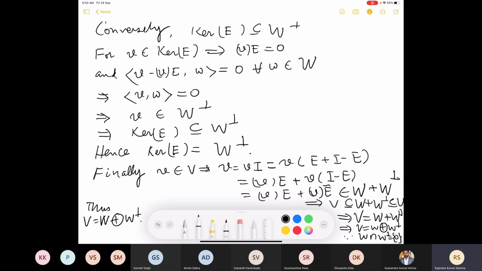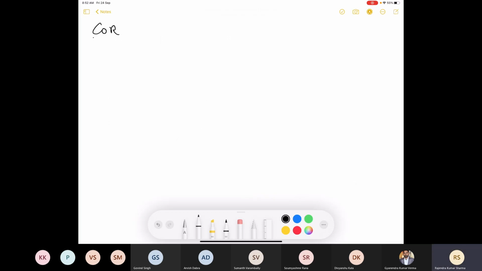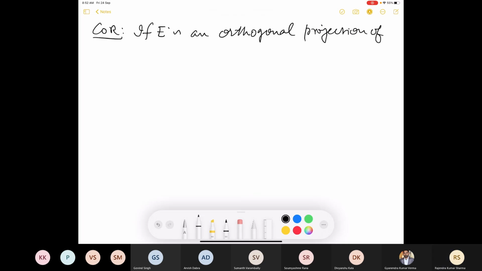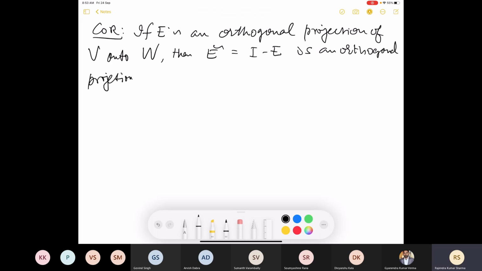As a corollary, you can prove here. So one corollary you can prove is that if E is an orthogonal projection of V onto this subspace W, then E tilde, which is I minus E, is an orthogonal projection of V onto W orthogonal.